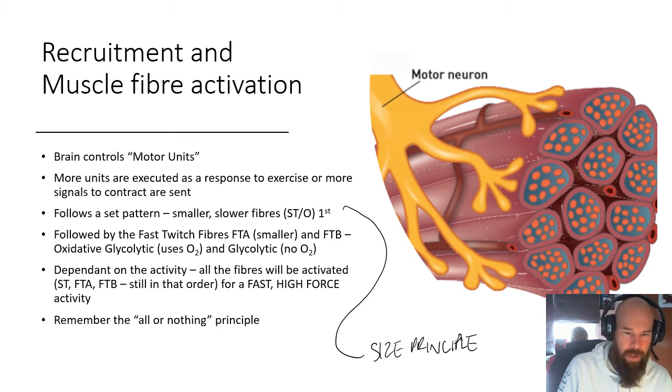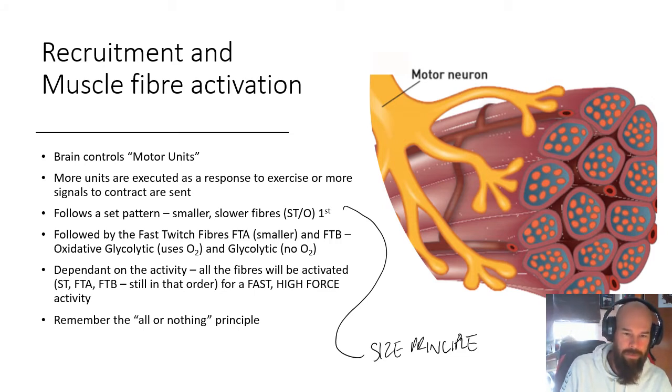Then it's followed by the smaller fast twitch fibers, so fast twitch A, which can be trained, they can go between explosive movements and not as explosive movements. So they still use oxygen. And then finally it finishes off with the larger fast twitch B fibers, which don't use any oxygen. So they're fully anaerobic.